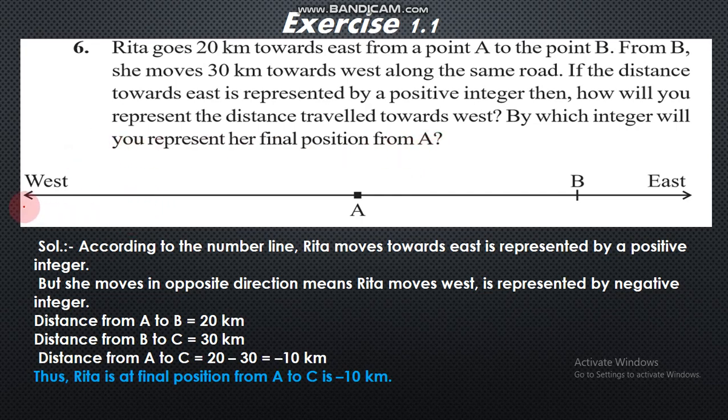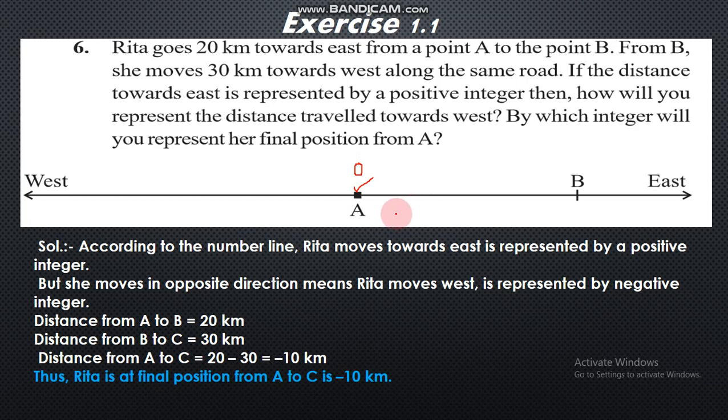Now see this line. Consider this line like a number line. This is the first position of Rita. If I consider this A as the 0 position, the 0 integer, then the numbers on the right hand side are positive and the numbers on the left hand side are negative.